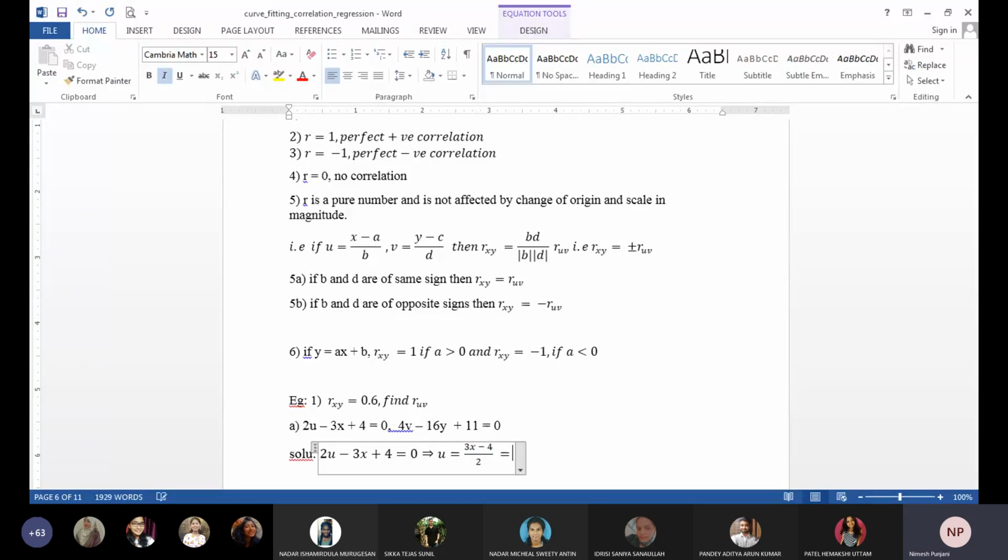This can be written as (x minus 4 by 3) divided by 2 by 3. Why do we write it like this? Because in property number 5, the coefficient of x is 1.